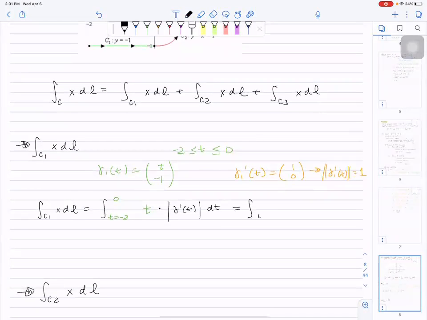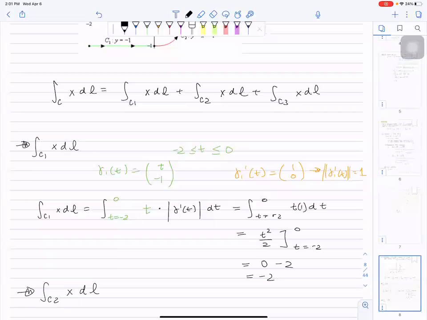So in total, we have the integral from t equals -2 to 0 of t times 1 dt, or t squared over 2 from -2 to 0. Or we have 0 minus 2, which is -2. So the path integral of our function over this specific path is -2.